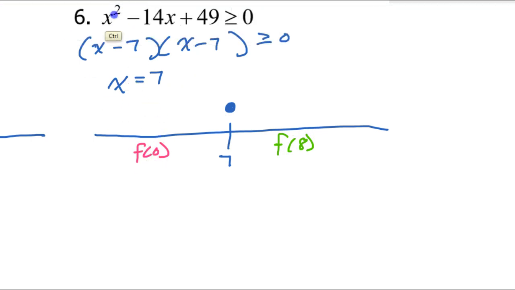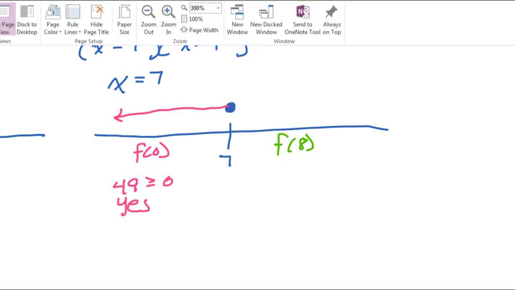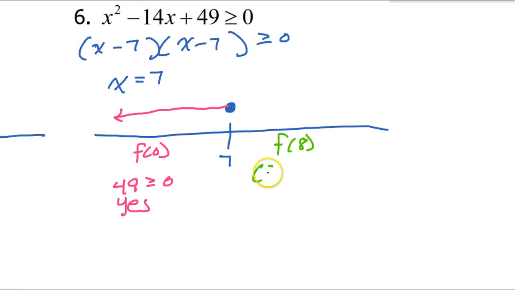Now for the 0, it's actually easier for me to plug in 0 right here. So that just immediately gives me 49 is greater than or equal to 0, which is true, which means I will definitely have solutions in this interval. All right, now I'm going to check 8. So that would be, and I'm going back to the factored form now, 8 minus 7 times 8 minus 7.